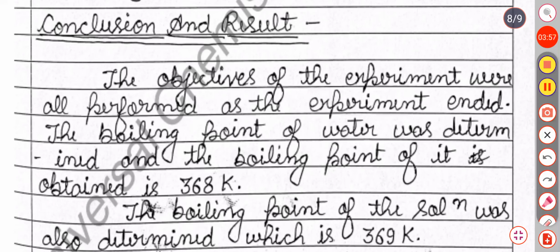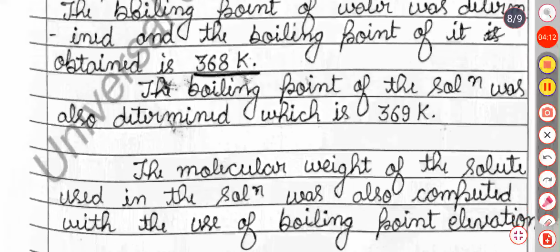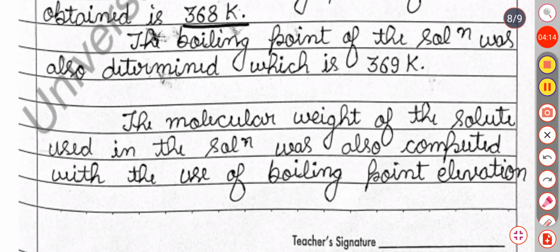The objectives of the experiment were all performed as the experiment ended. The boiling point of water was determined and the boiling point obtained is 368 Kelvin. The boiling point of the solution was also determined, which was 369 Kelvin.